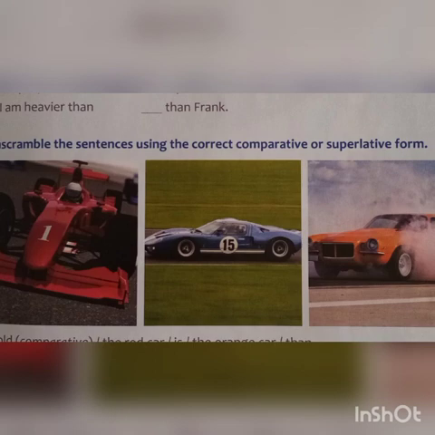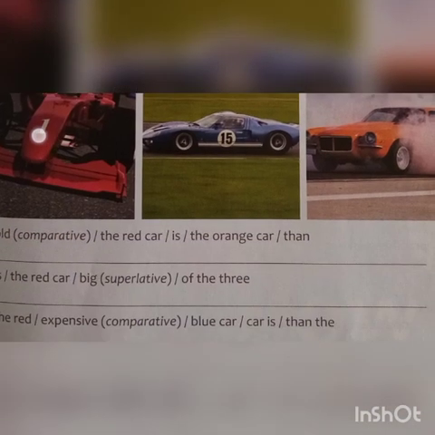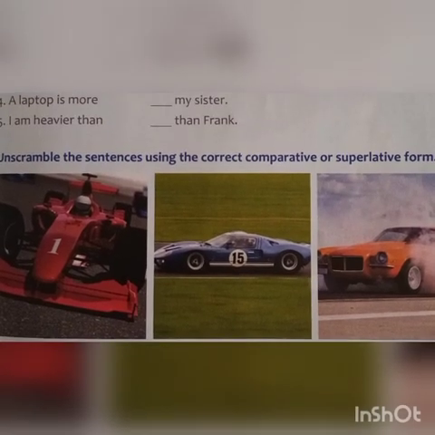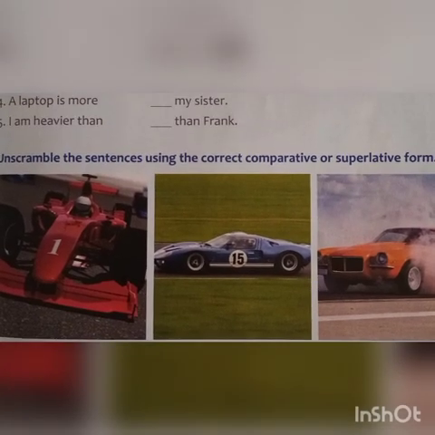It's a Ferrari, yes? Yes, it's a Ferrari. Next, according to the instruction, we have to unscramble the sentences using the correct comparative or superlative. Be careful with that. Unscramble. What does unscramble mean in Spanish? Colocar en orden.